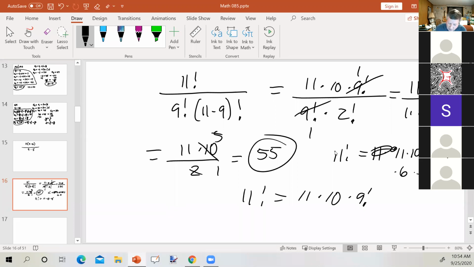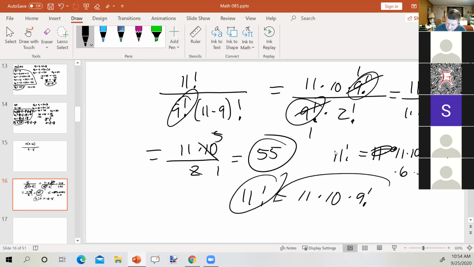Well, I want 9 factorial on top so that I can reduce out 9 factorial on the bottom. Oh, okay. So if you were to keep going from 11 down to 1 on the top, you'd be wasting time, because you want to get rid of that.